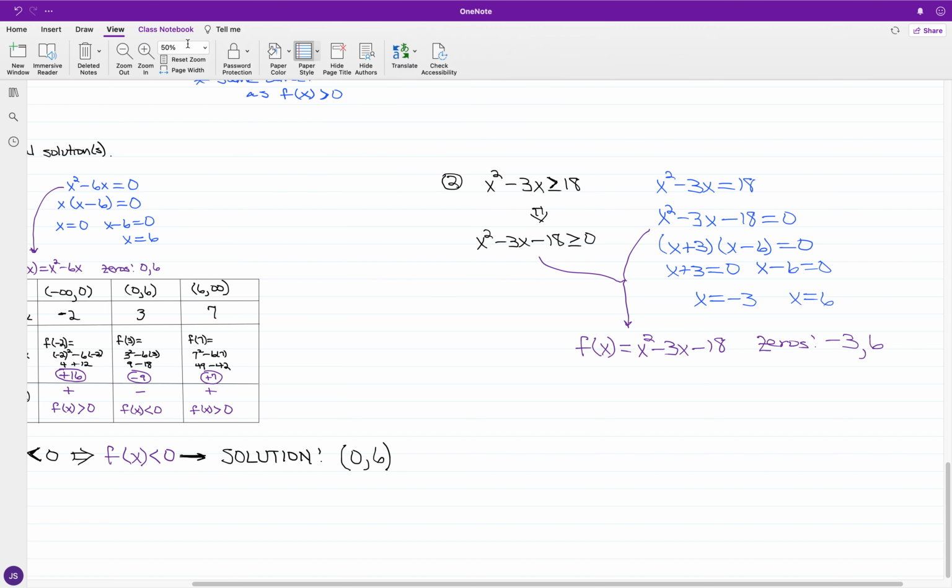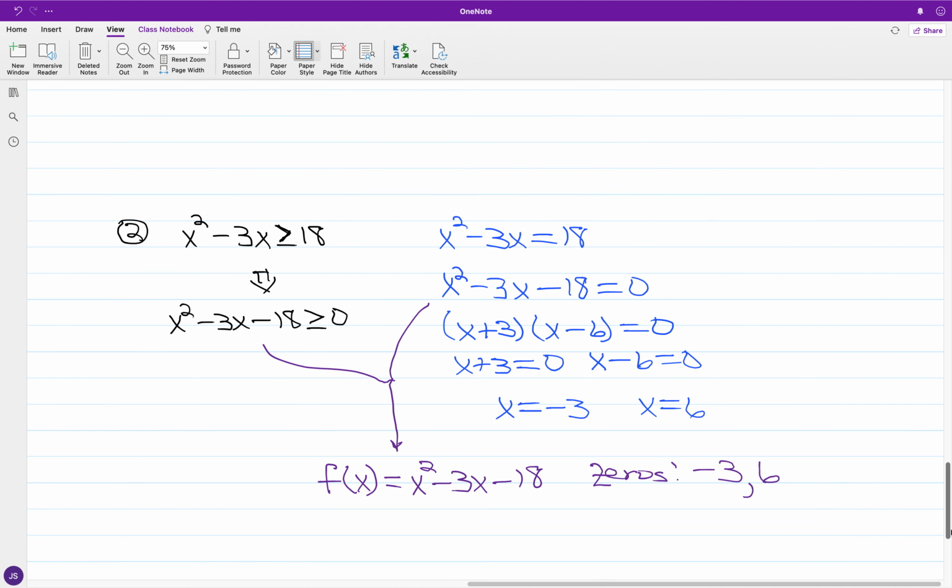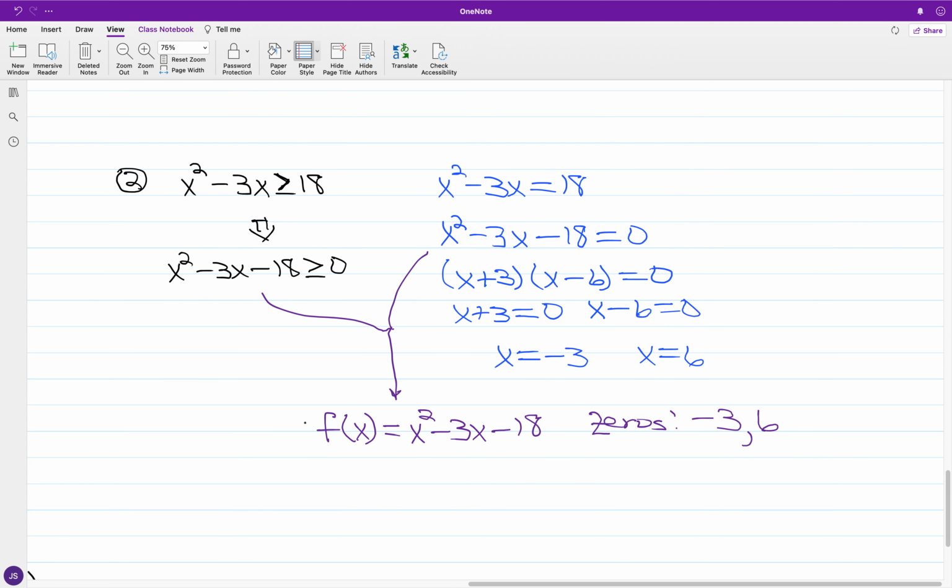And in the case of setting up intervals, okay, so you have -3 and 6.